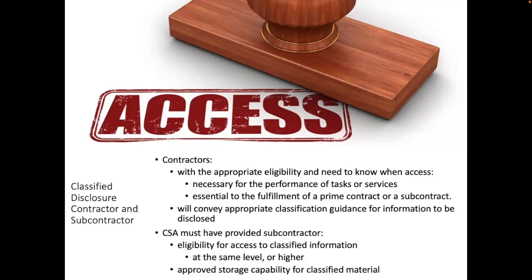So when we have these discussions on the disclosure of classified information, right now we're on the contractor and subcontractor, but this also applies to government agencies. And we'll get the same guidance when we start working with classified information internationally.